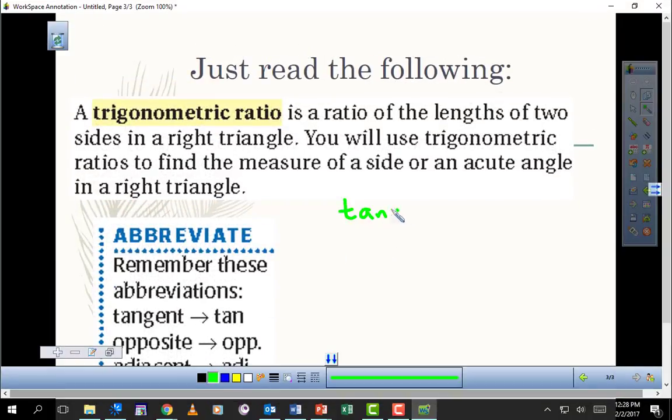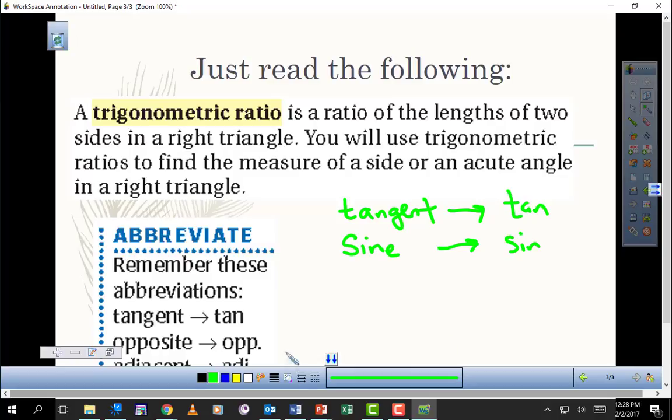We have one called the tangent, and we're going to abbreviate that one by writing tan. We have another one that's called the sine, and funny, we write that one as sin, except we pronounce it as sine.